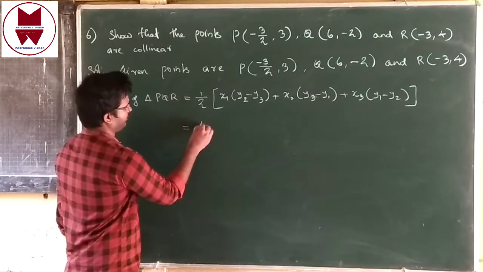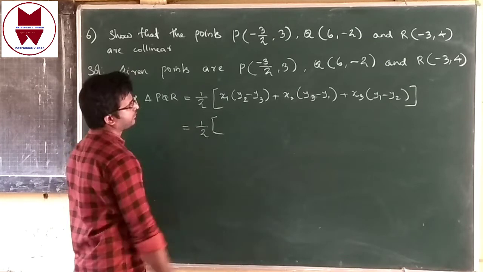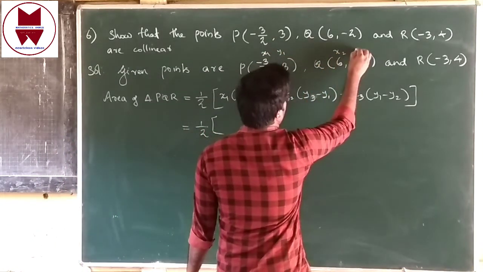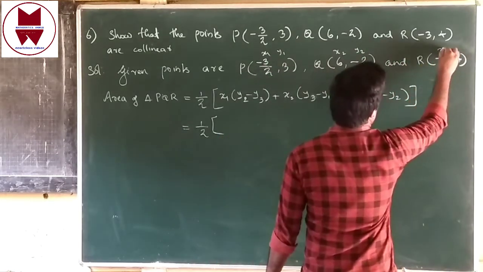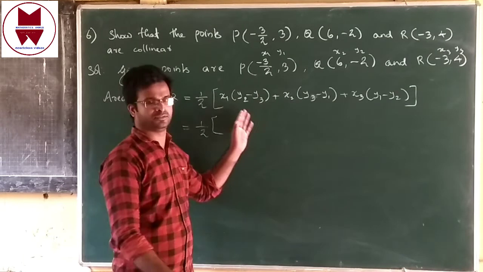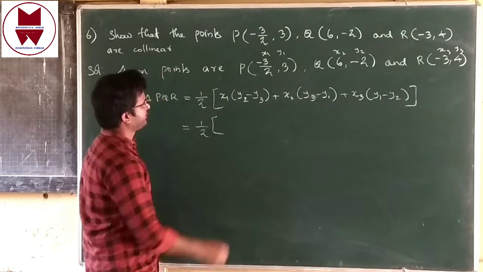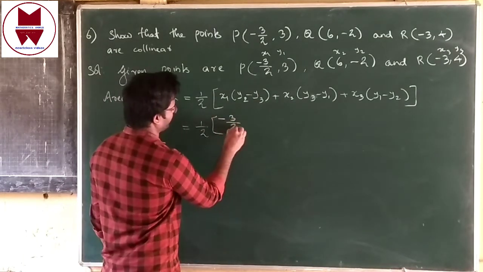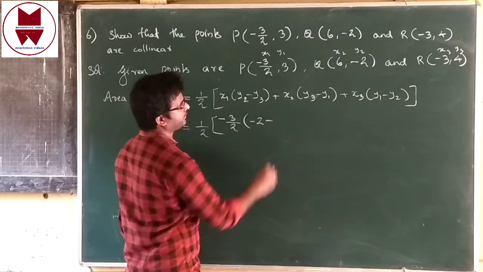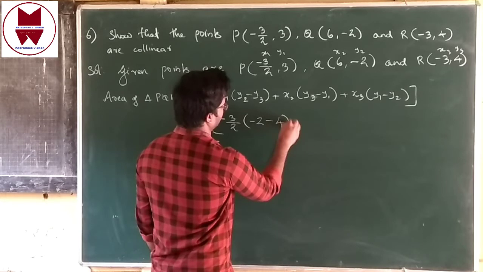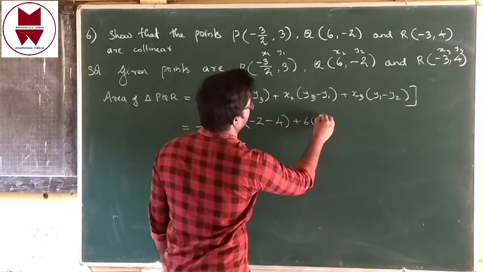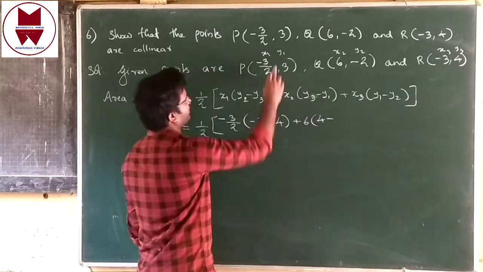Then 1 by 2, this is x1 y1, next point x2 y2, next point is x3 y3. Give all the values in this formula. x1 is minus 3 by 2, y2 minus 2, then this minus, y3 is 4. Then x2 is 6, y3 is 4 minus, y1 is 3.